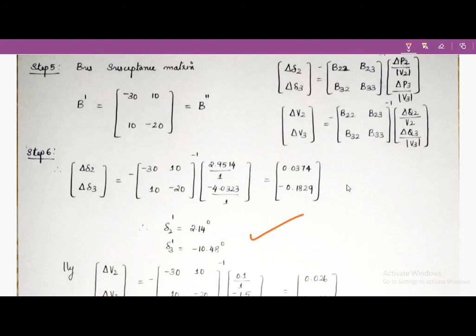Next comes the calculation of the Jacobian matrix, which is a little tedious in the case of the Newton-Raphson method, whereas it is very easy in the case of the fast decoupled load flow method.